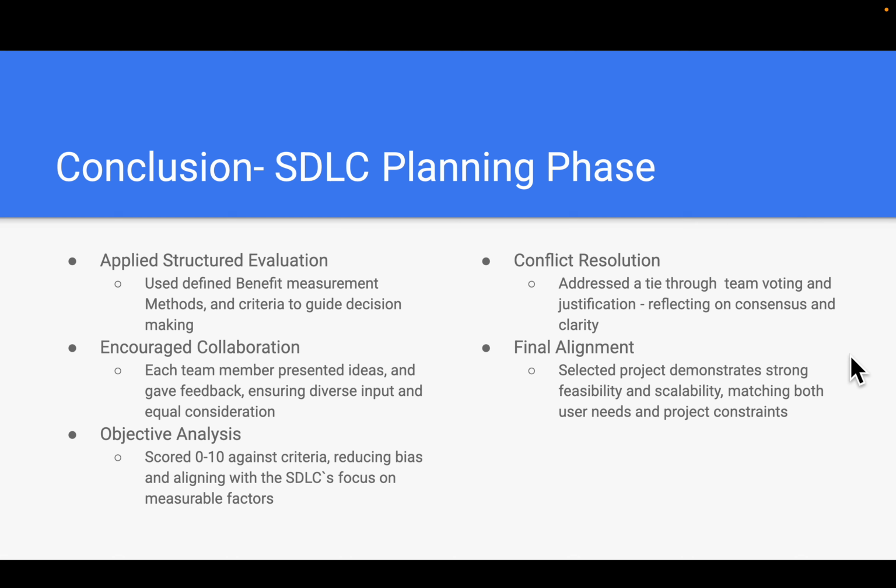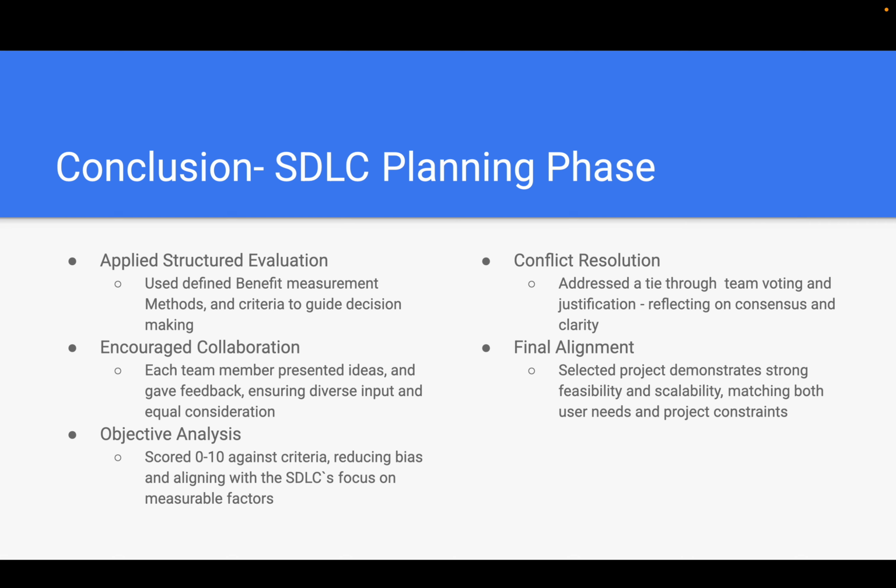Okay, and so to wrap things up, in our planning phase, we applied a structured evaluation process. We used defined benefit measurement methods and clear criteria to guide our decision making. A big part of this phase was collaboration. Every team member presented their ideas and gave feedback, which made sure that diverse perspectives were included and that everyone's input was valued equally.